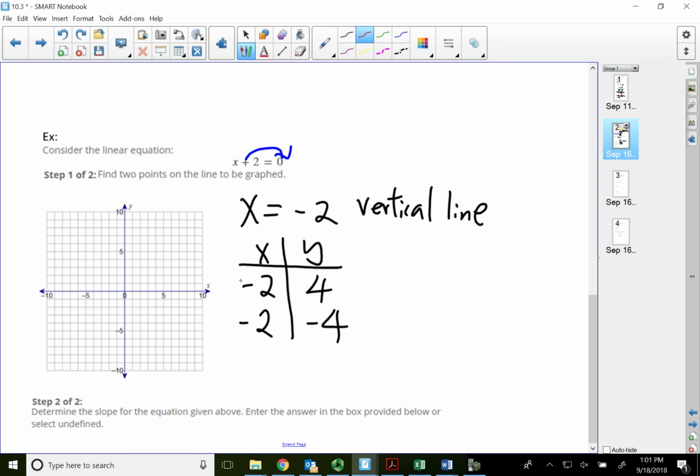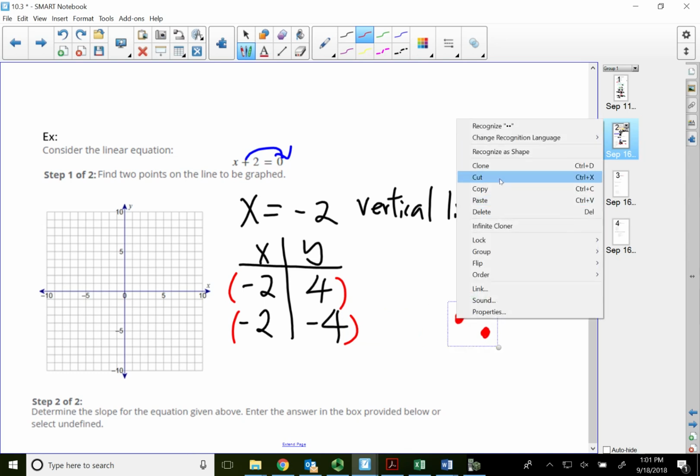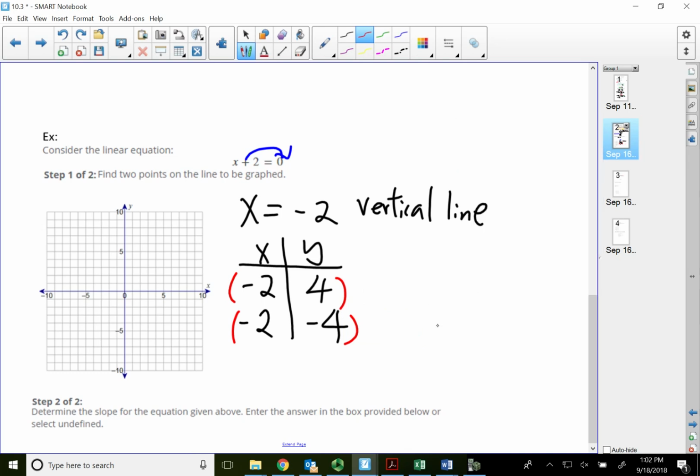Let me go ahead and plot these 2 points real quick. So let's see, negative 2, 4, starting from the origin. Negative 2, 4. So starting from the origin, negative 2 to the left 2, up 4.